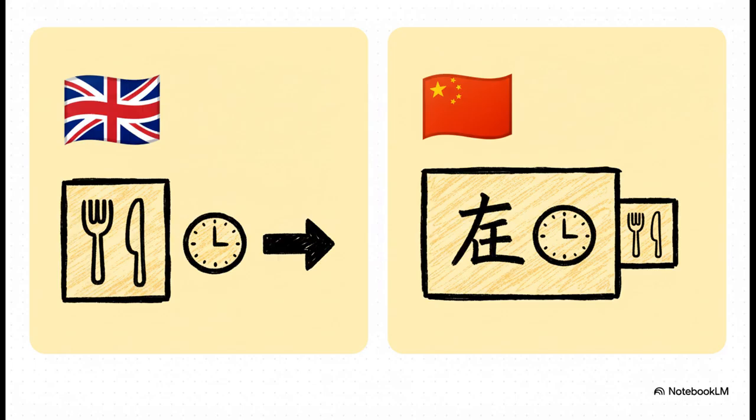The time is extra information that can come later. But look at the Mandarin order. It requires you to establish the time frame before you even mention the action. The language itself forces you to set the context first. This structure reflects a worldview where the container for the action, the schedule, the time slot, is established as a prerequisite. It's just a fantastic example of how deeply culture and grammar are connected.